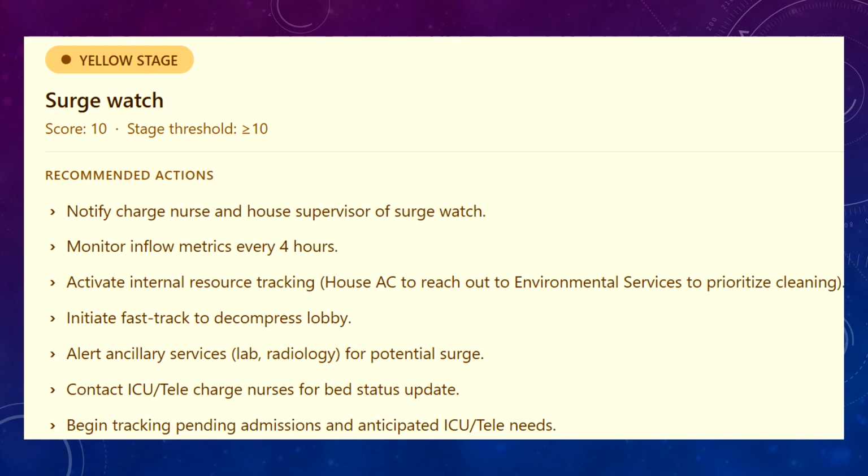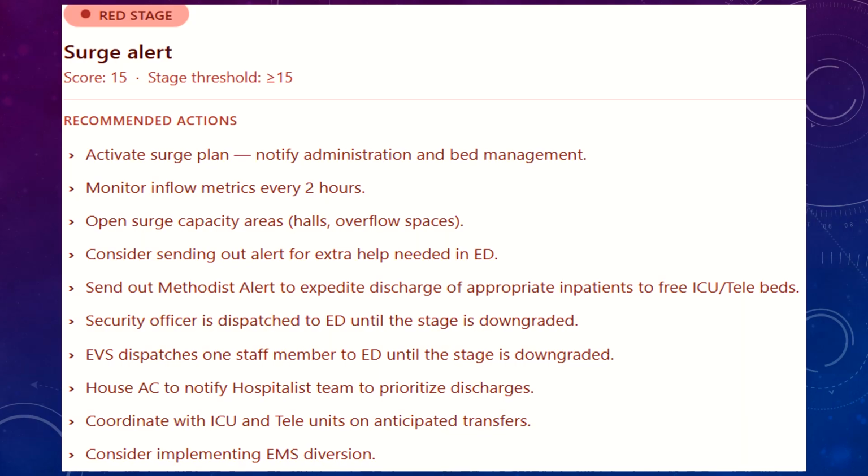As you progress through the different levels here, obviously more actions are going to be listed because now we're having a higher surge level and a higher risk of potential patient harm. Red is the point at which we say, okay, now there's a pretty imminent risk of patient harm due to either overall volume, acuity, or staffing shortages.